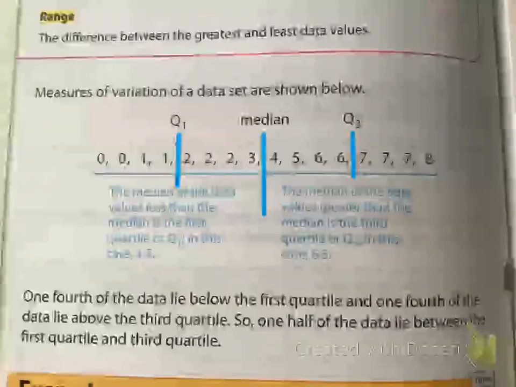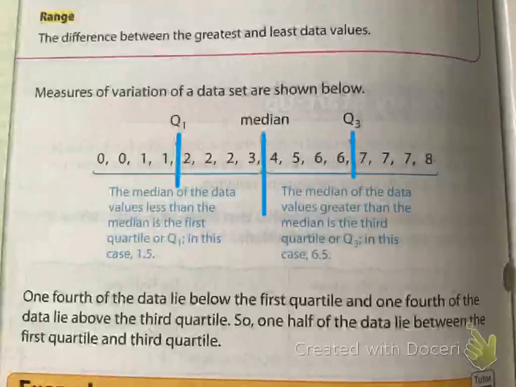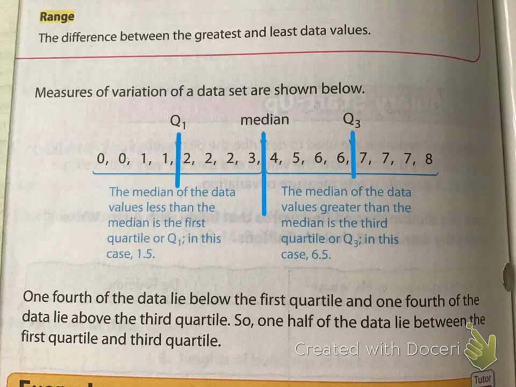So, the median of the data value less than the median of the first quartile, in this case, is 1.5. Once again, this way that they're explaining it, I don't like it.